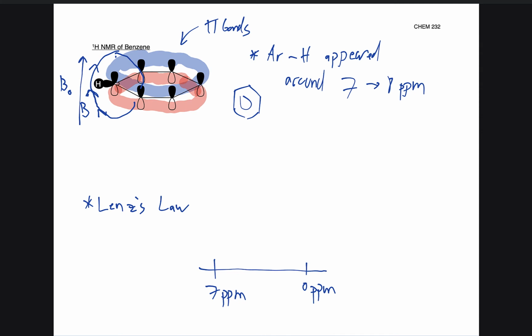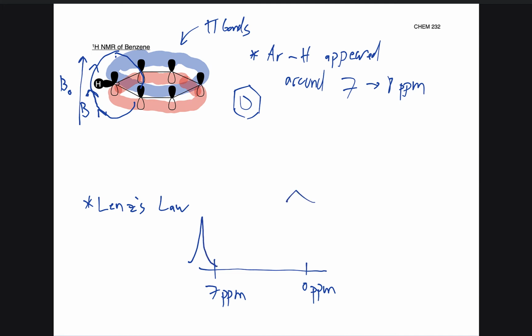So the protons are getting hit essentially with a secondary magnetic field generated by benzene. We can talk more about this in class. It's not super relevant, but that's why these protons show up more downfield than they would normally.